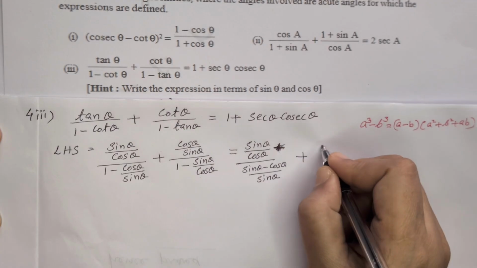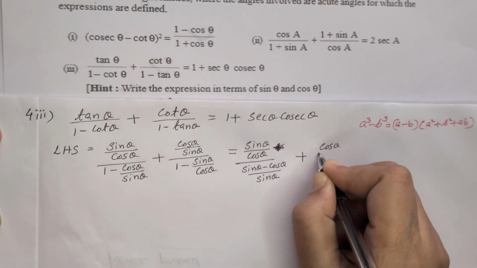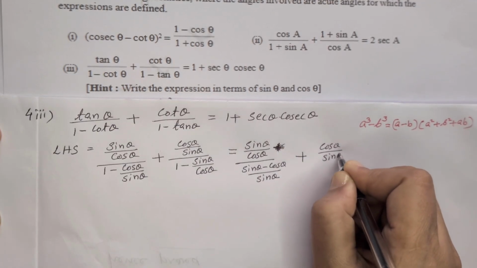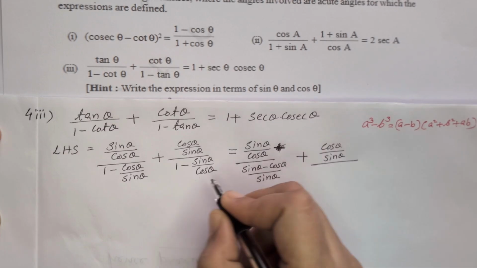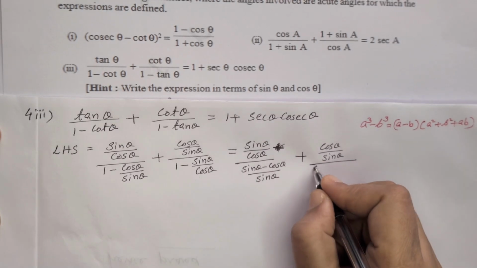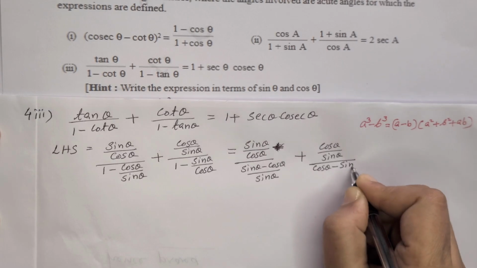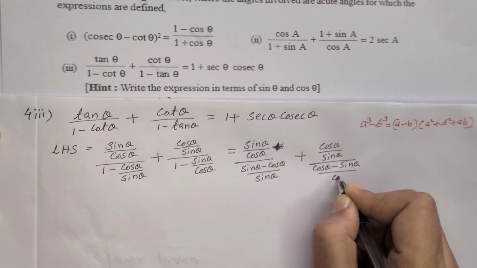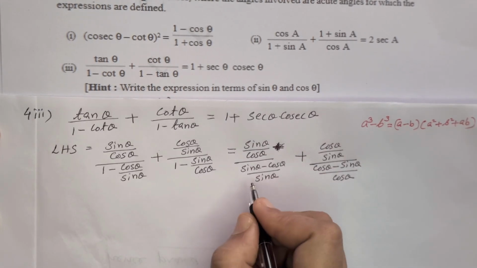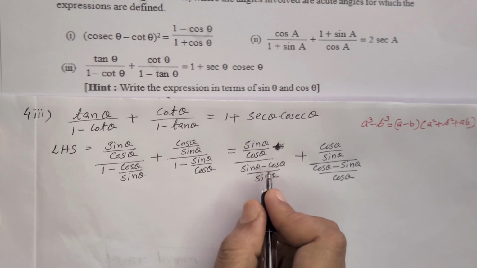Then plus the second term, same way, cos θ by sin θ in the numerator, the whole thing divided by cos θ as the LCM. So it will come (cos θ − sin θ) by cos θ. This we can rewrite by taking the reciprocal.